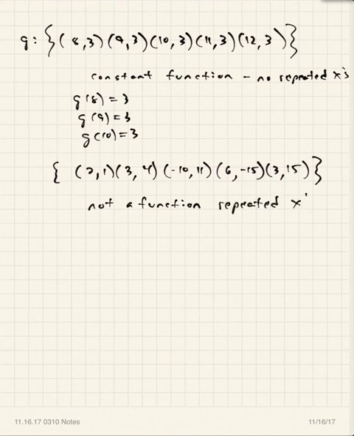That's a problem. And where do we have repeated x's here? Well, we get that 3 was taken to 4, and 3 was taken to 15. So 3 is repeated there. That is a problem. We have one domain that gets taken to 2 different ranges. That can't happen. On an arrow diagram, it would look like this. And that's a problem. All right, so this is not a function on this one.